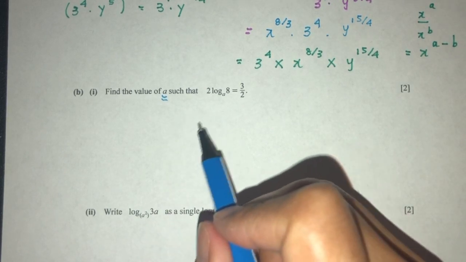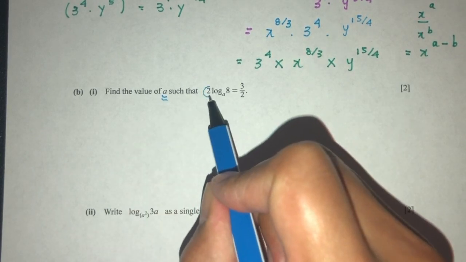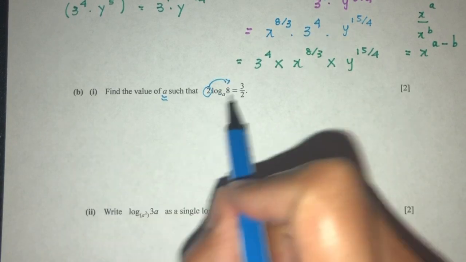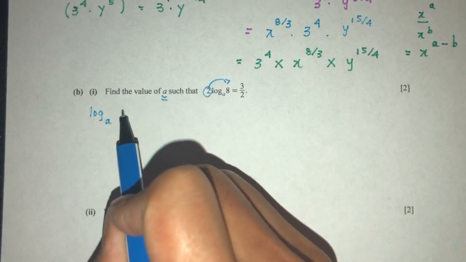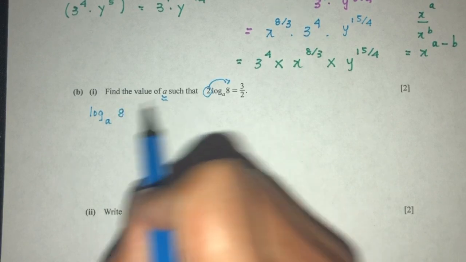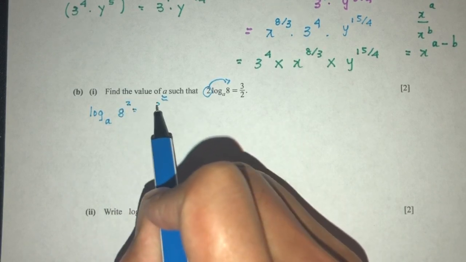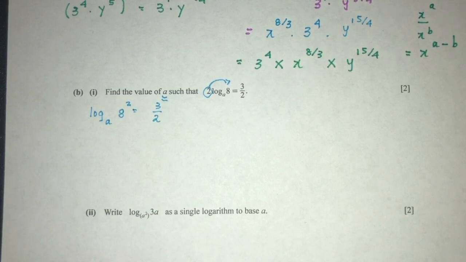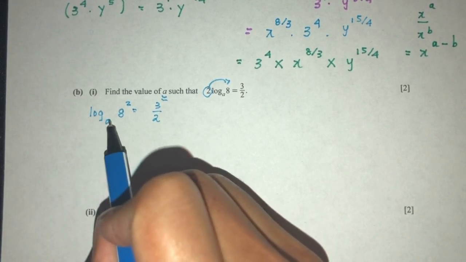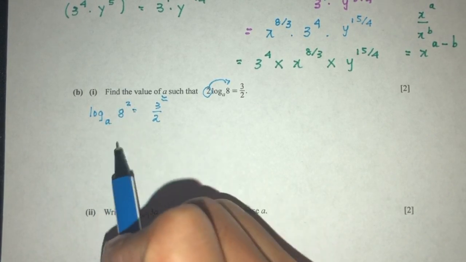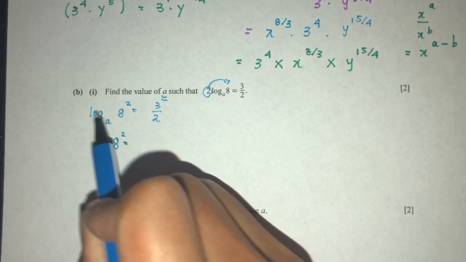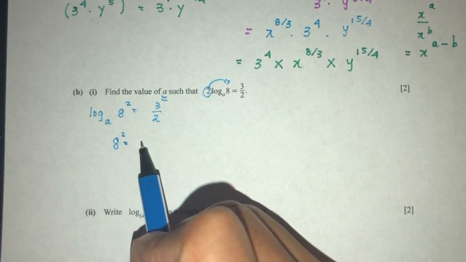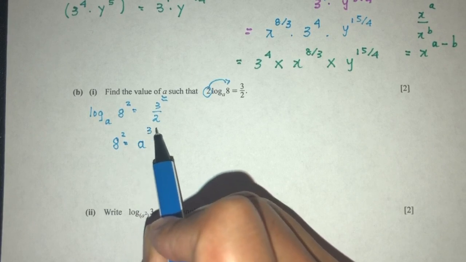One thing we can do here is send this one over here. The power, right, that will be log a, and that will become 8 power 2 over 3 over 2. Now, this is equal to what? 8 power 2 will be the same thing as a 3 over 2.